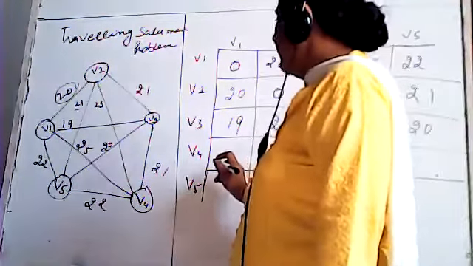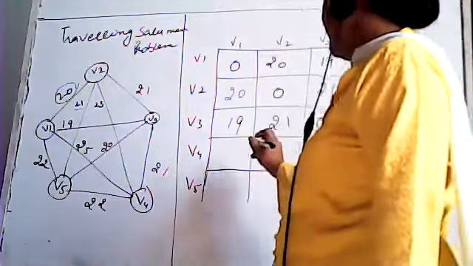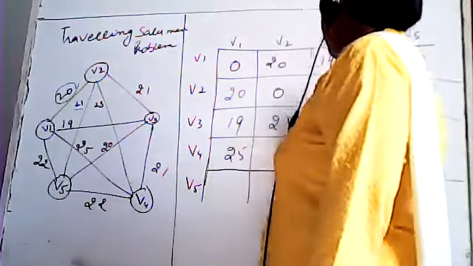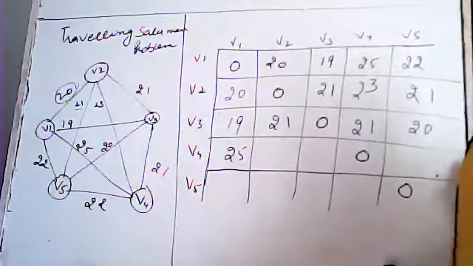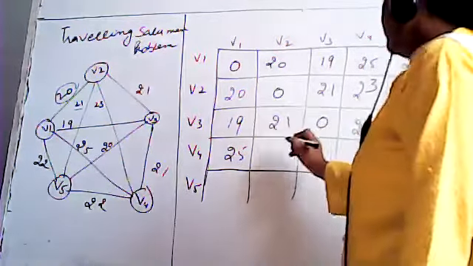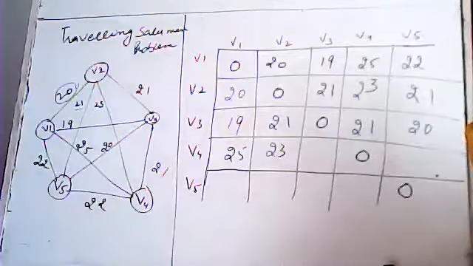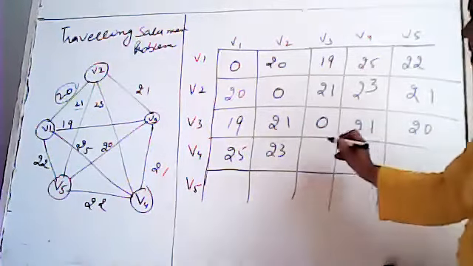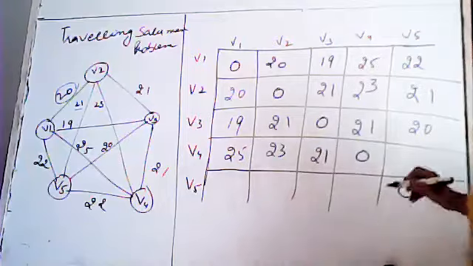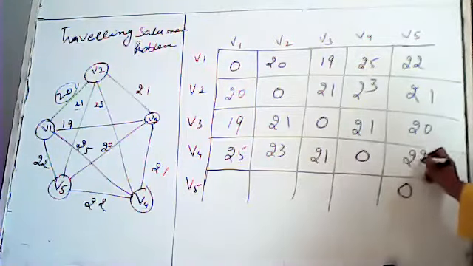V4 to V1, 25, since V1 to V4 is also 25. V4 to V2, 23. Then V4 to V3, 21. Then V4 to V5, 22.